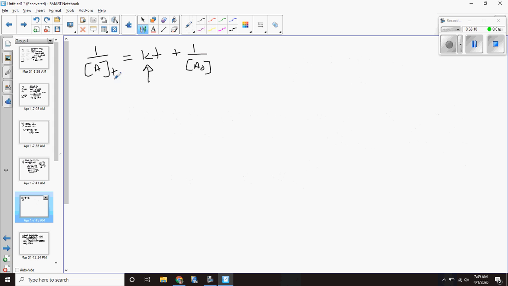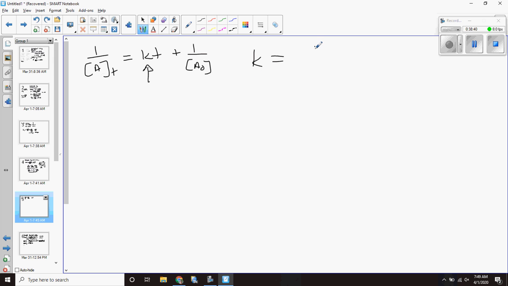Now, there are probably so many ways you can have this equation written down. You have to know how to algebraically manipulate it to get back and forth. If I'm trying to solve for k, I'm going to move the entire equation over to get it in my favor. So subtract 1 over a0 from both sides and then divide the entire thing by time.